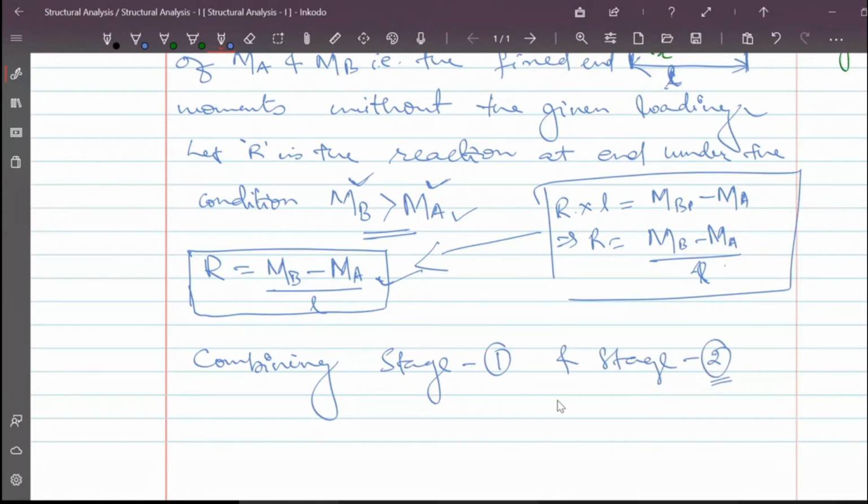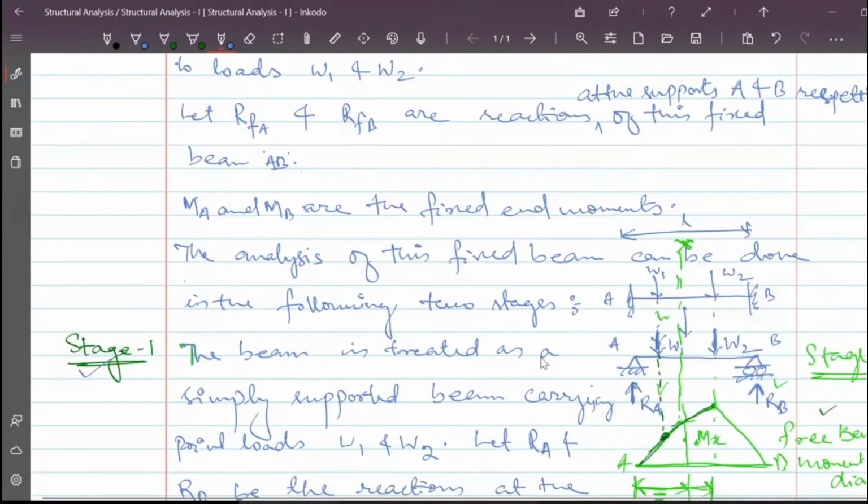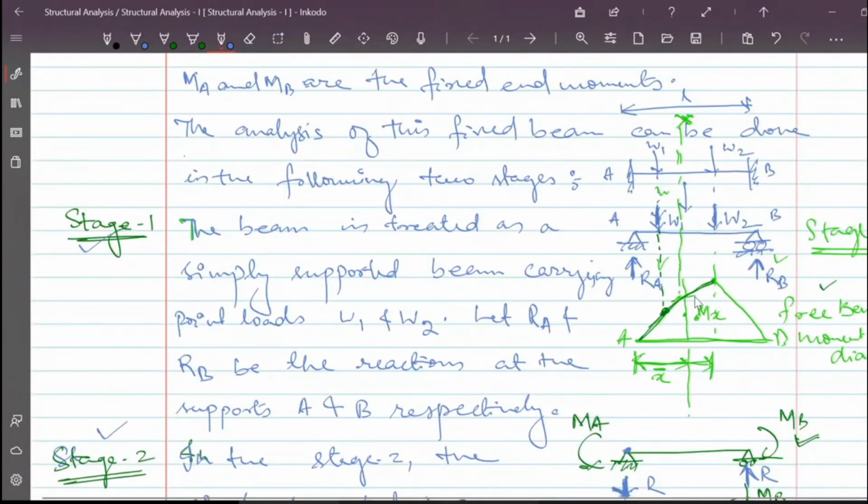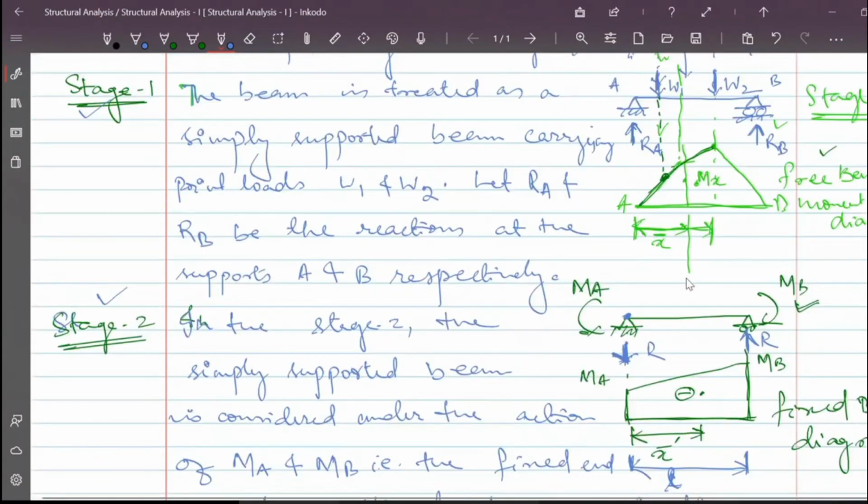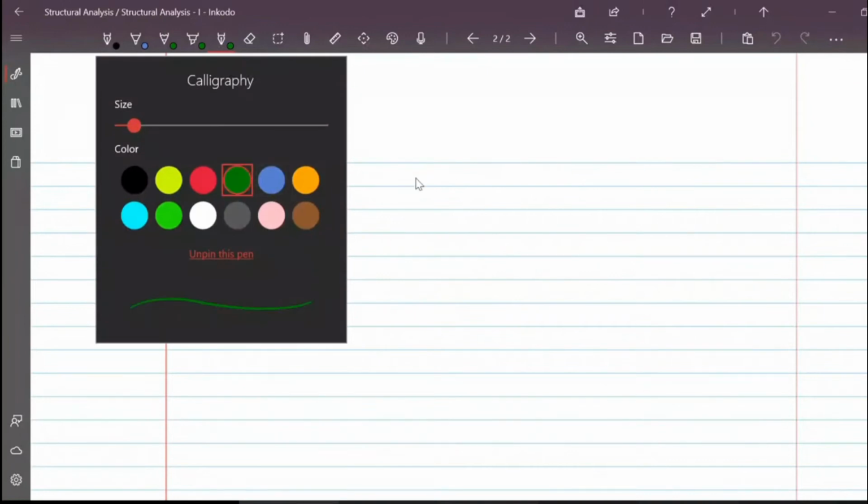Let me draw those once again here for your clarity.